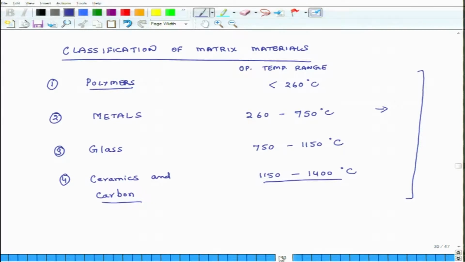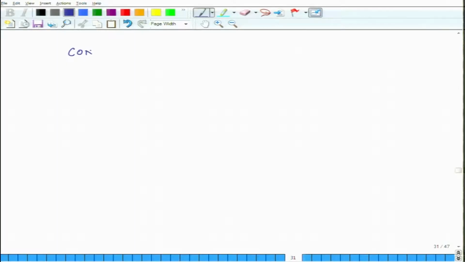So, with all this information, finally, we will look at some of the important considerations which are required while we are choosing the matrix material.